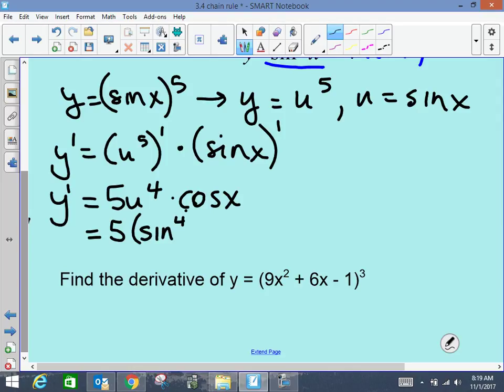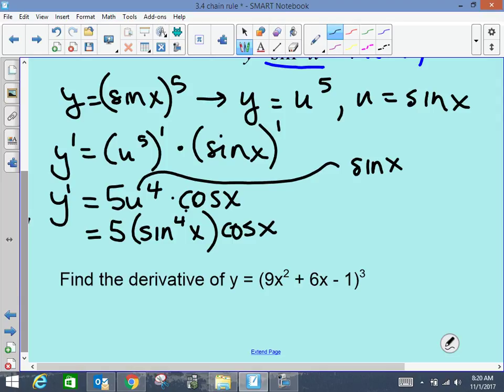Remember how we write it? We do it like this. And then cosine of x is also there. The parentheses aren't really necessary.